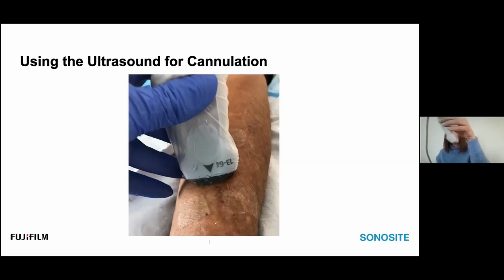If I'm holding the probe this way and my needle is coming in here, I may never catch up with the beam, okay? If I'm angling this way, I'm seeing the hilt of the needle instead of the tip. So it's important to keep your probe straight up and down. So what you're seeing is the tip of the needle coming in directly under the probe in the proper relation to the vessel.